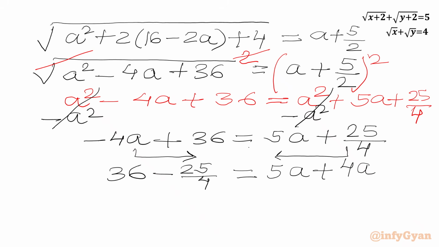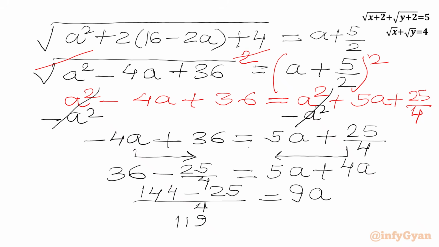36 times 4 is 144, minus 25, over 4 will be equal to 9a. Now 144 minus 25 will be 119 over 4 equal to 9a.